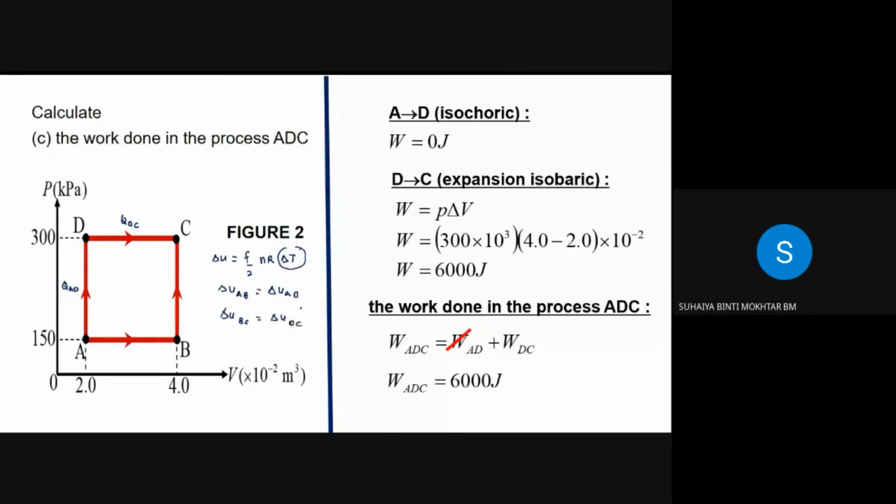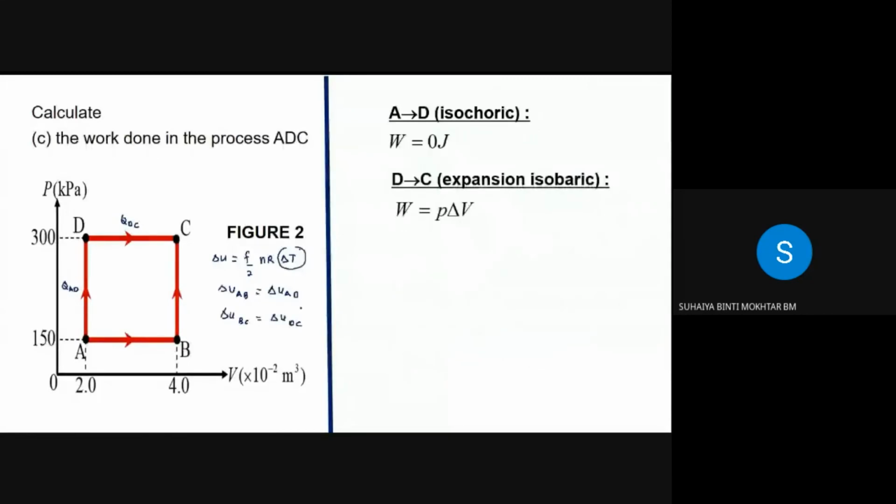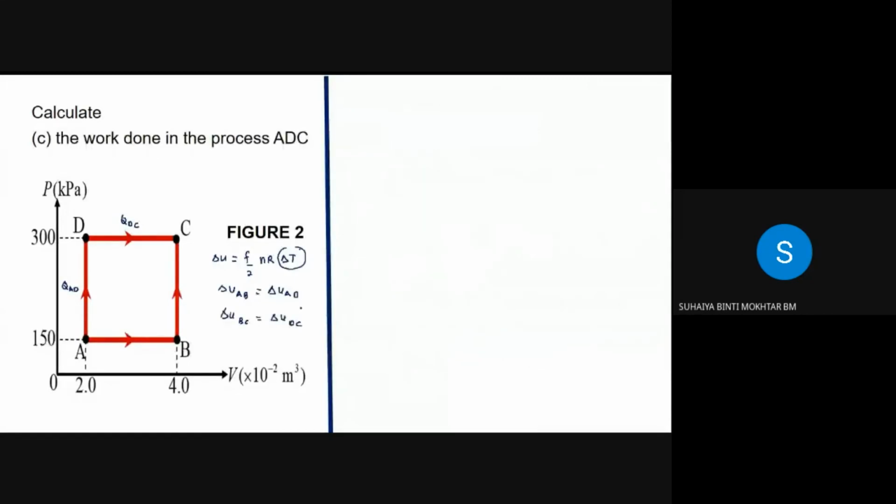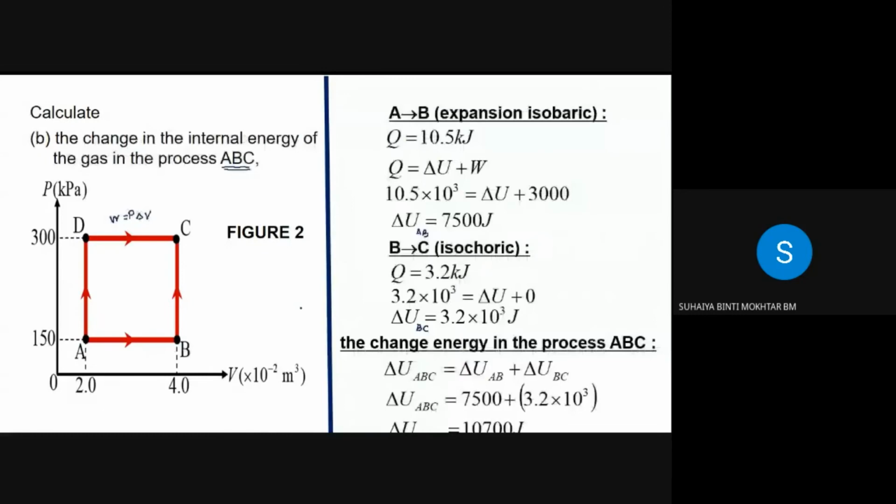Delta U AB and BC kita dah ada di sini kan tadi, BC and AB. Kita dah ada kat sini, so kita use sini.